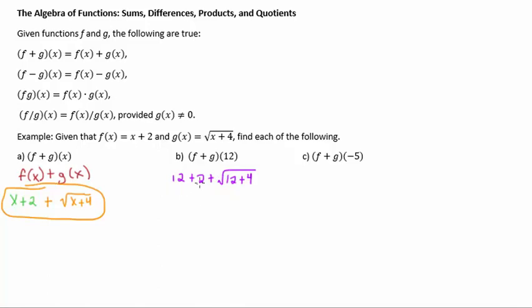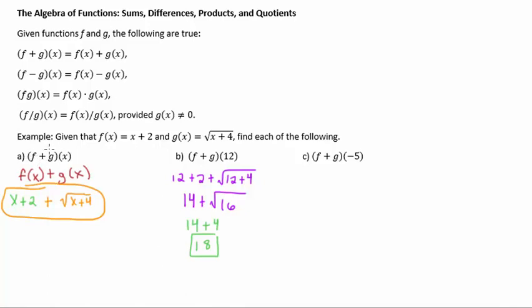And then we simplify that and figure out what it is. So 12 plus 2 on the outside is 14. 12 plus 4 on the inside is 16. The square root of 16 is 4. So that gives us 14 plus 4, which is 18.